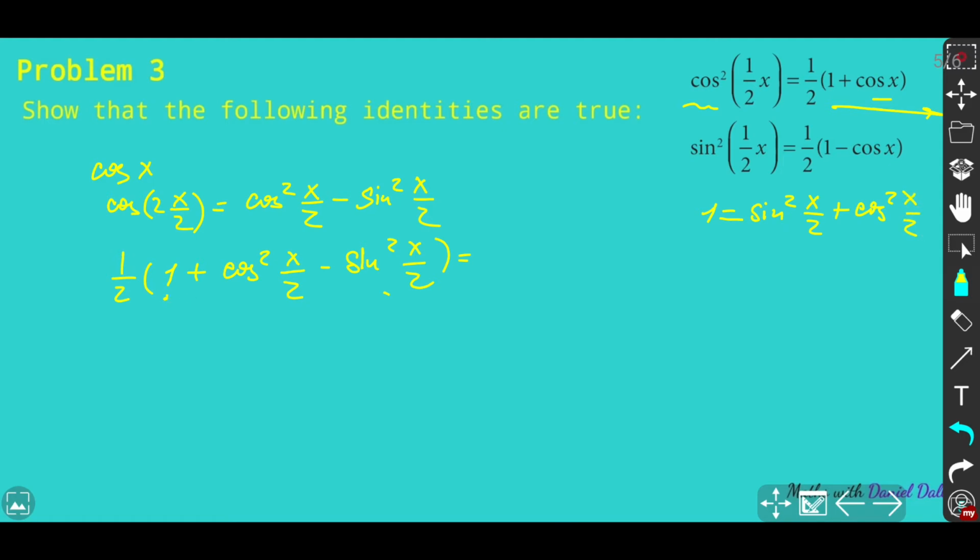Because you again have 1 minus sine squared x over 2, that becomes cosine squared x over 2. So finally we'll get 1 over 2 times 2 times cos squared x over 2, because additionally you had this cos squared x over 2 before. So finally you'll get cos squared x over 2.